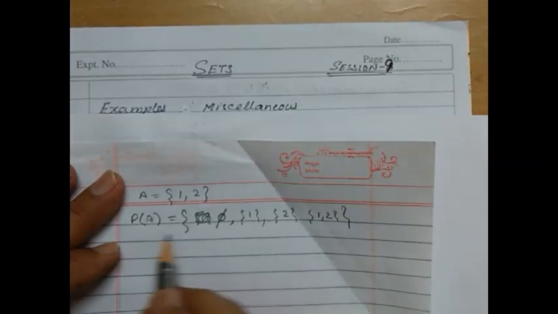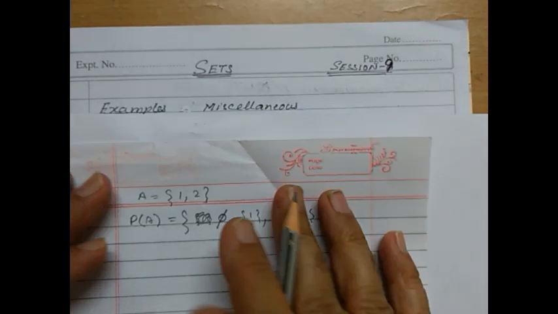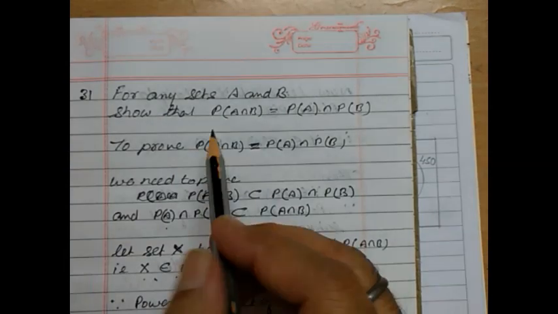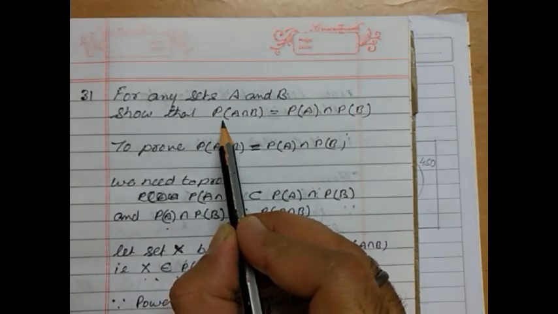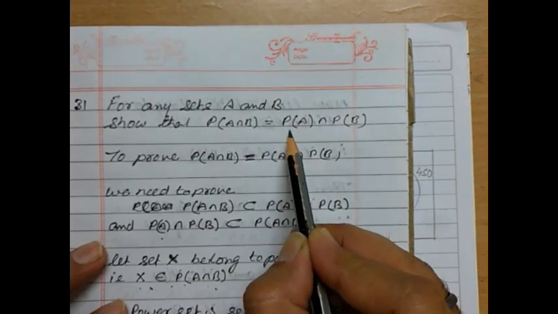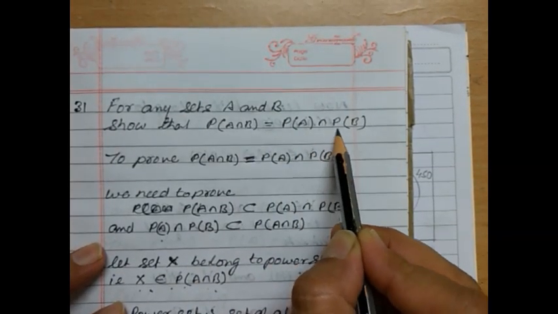Okay, so this will be a power set, isn't it? Now here we are using the power set and the relationship to show that the power set of A intersection B is equal to the power set of A intersection the power set of B.